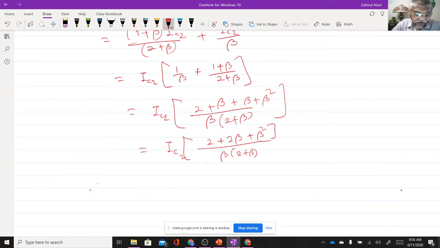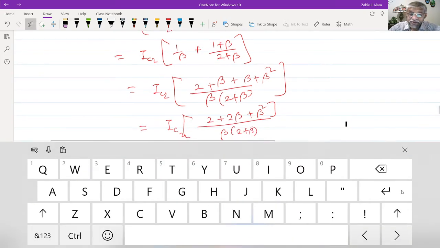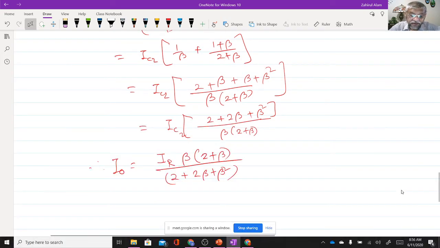So therefore the output current is related to IR times beta (2 plus beta) divided by 2 plus 2 beta plus beta square. So this is the relation between input current and reference current.